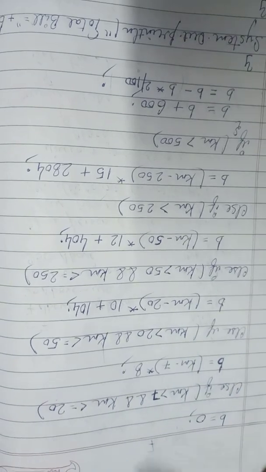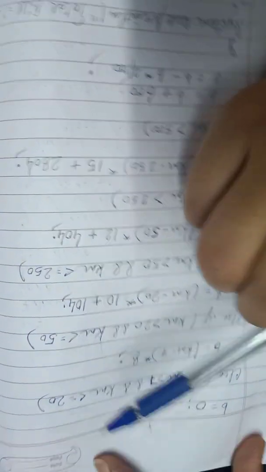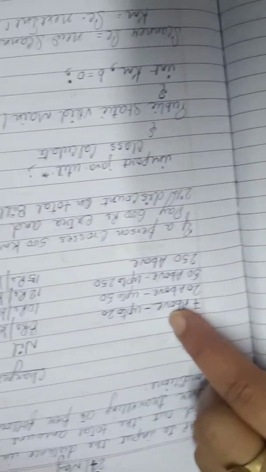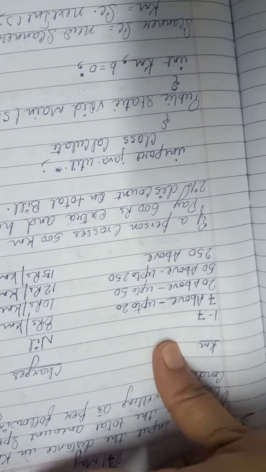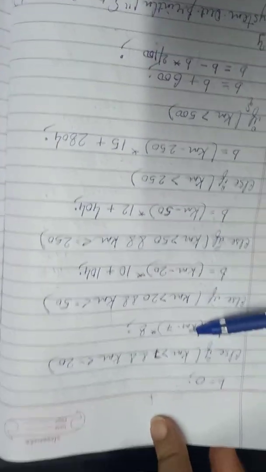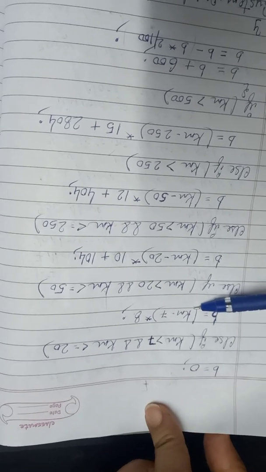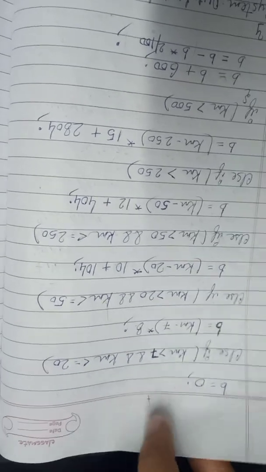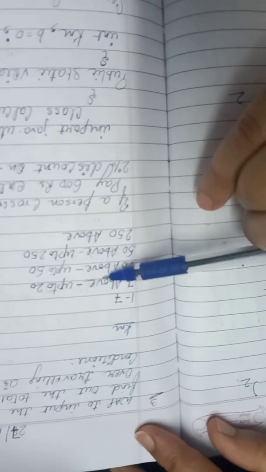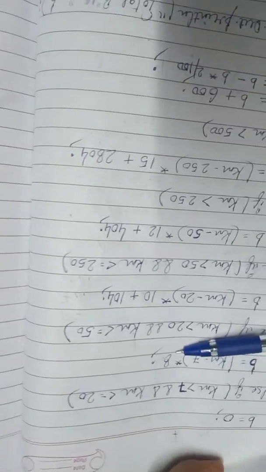Minus 7 because only above 7 do we have to calculate the charge, so I have decreased 7 from the inputted value. The inputted value is your kilometer, which takes user input. Into 8 because charges for above 7 and up to 20 are 8 rupees, so I have multiplied this with 8.